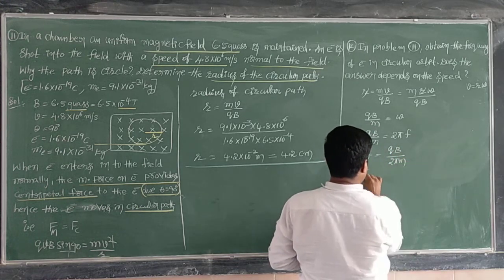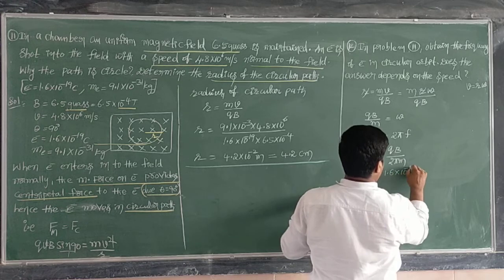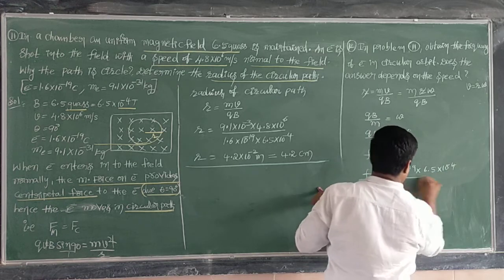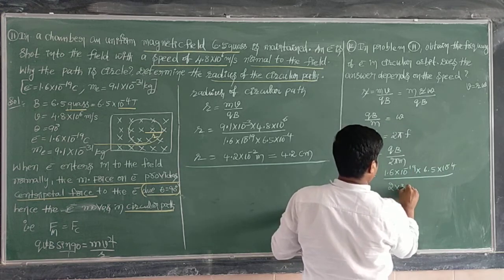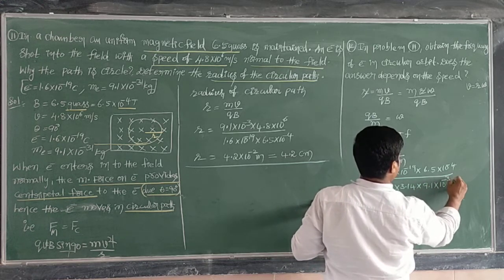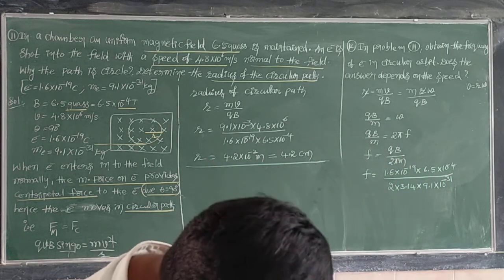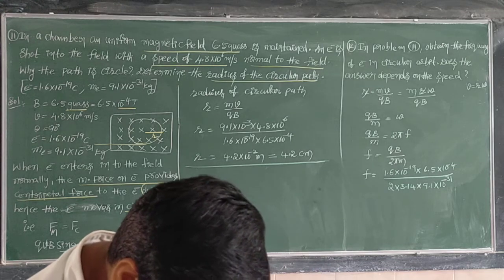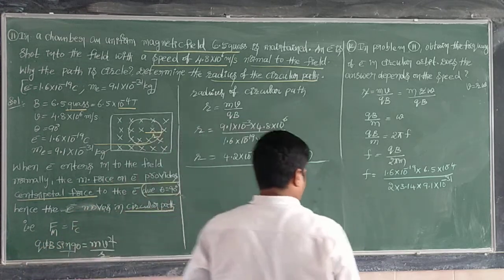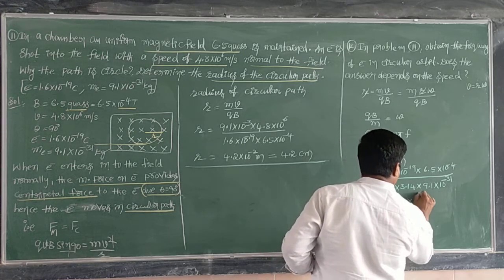Now the frequency f is equal to q, 1.6 into 10 power minus 19, B, 6.5 into 10 power minus 4, divided by 2 into 3.14 into m, the mass of the electron, 9.1 into 10 power minus 31 kg. After simplification of all these values, I get 0.1819 into 10 power 8 hertz.